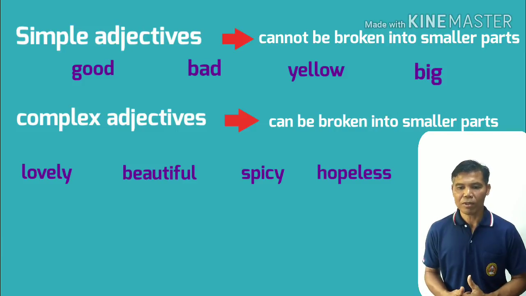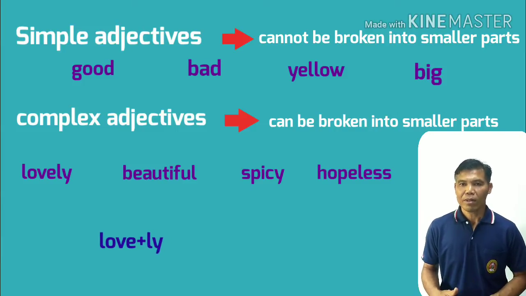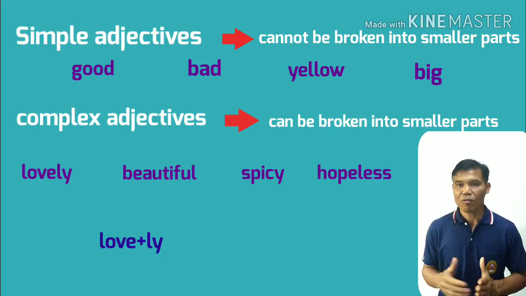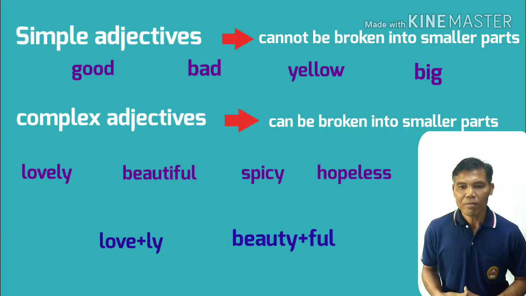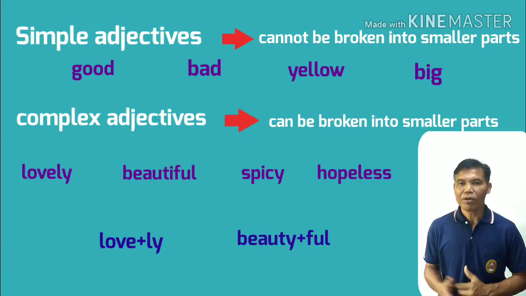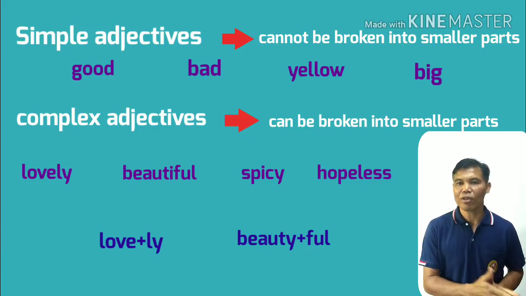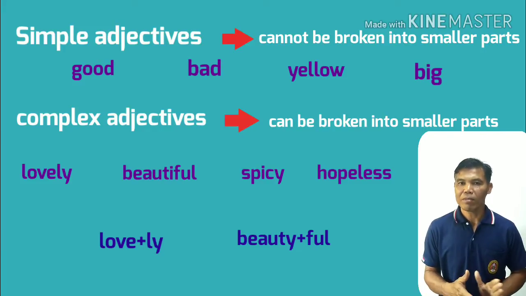For example, love plus "ly". "Ly" is the suffix that is attached to the main word love. Beauty plus "ful". "Ful" is the suffix that is attached to the main word beauty. So for simple adjective, we have to remember them.